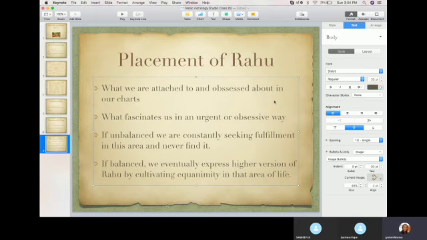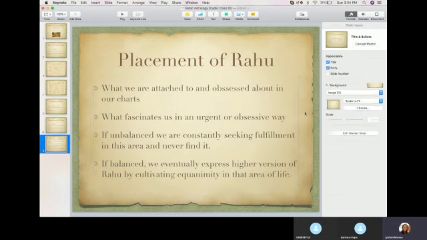We've learned to dominate the traits of Rahu, at least if we're consciously working in our spirituality or personal evolution. Then we've learned to tame Rahu in the second half of life. But in the first half of life, we need to learn to tame Rahu. That's what we're learning, because wherever Rahu is placed in the chart, we are urgent, obsessive.